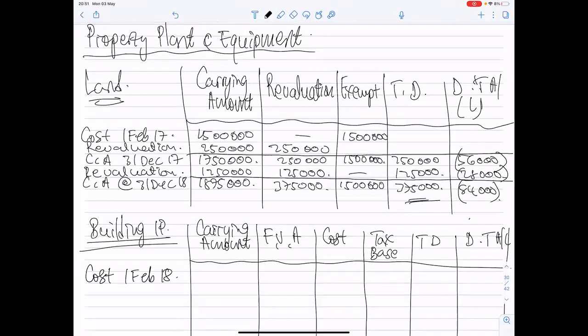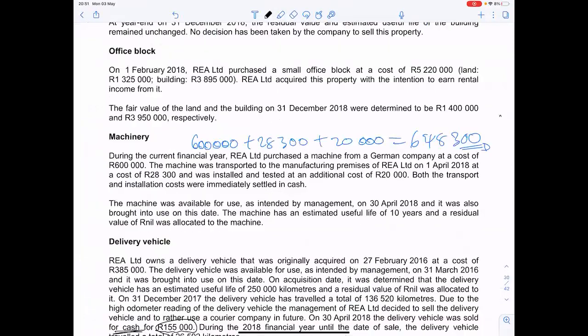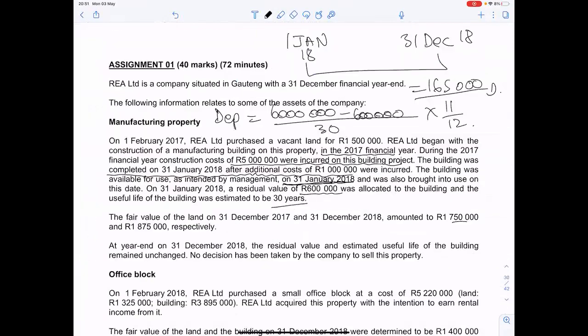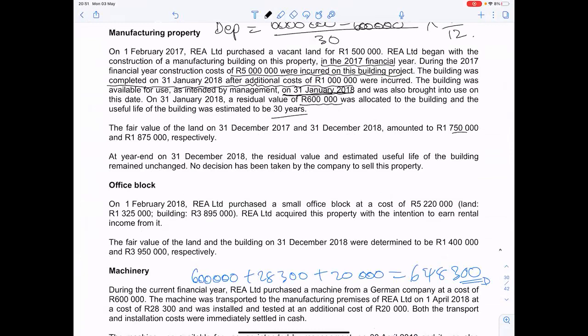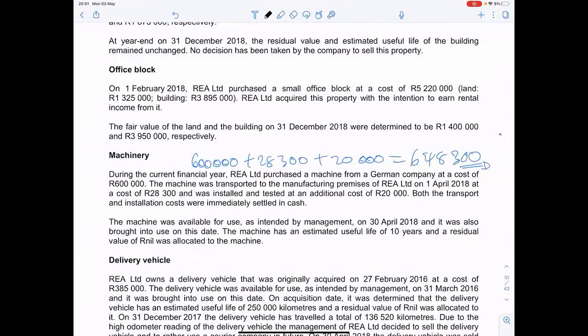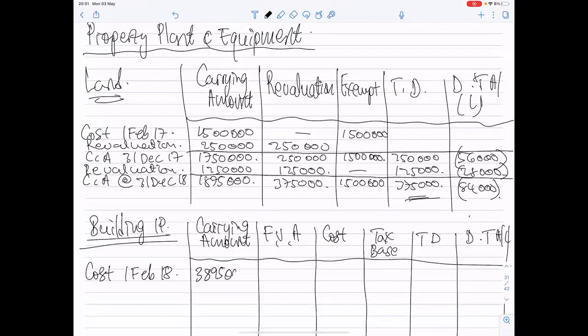The building had a cost of 3,895,000. There was no adjustment. The cost was 3,895,000. Tax base was 3,895,000. There was no temporary difference.